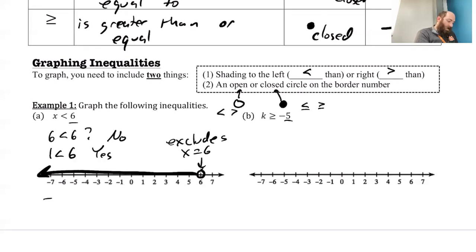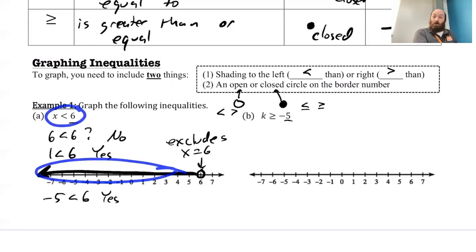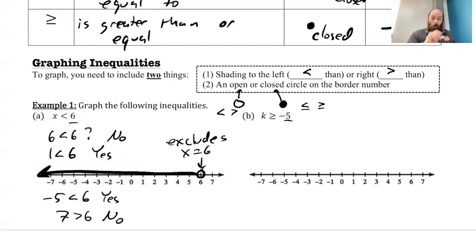Yes. Is -5 less than 6? Yes. All of these numbers make this statement true. Anything over here, like 7, is 7 less than 6? No. So everything that's not in the shaded region is not a solution. An open circle is also not a solution here.